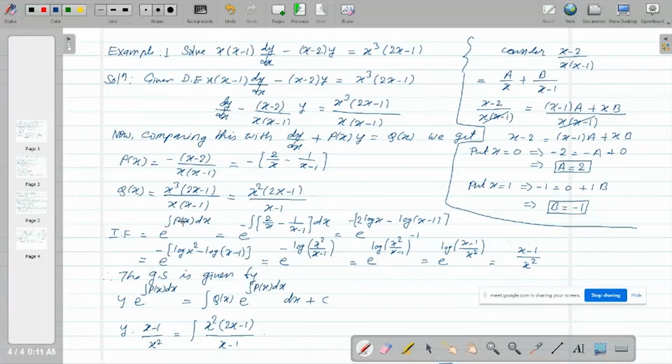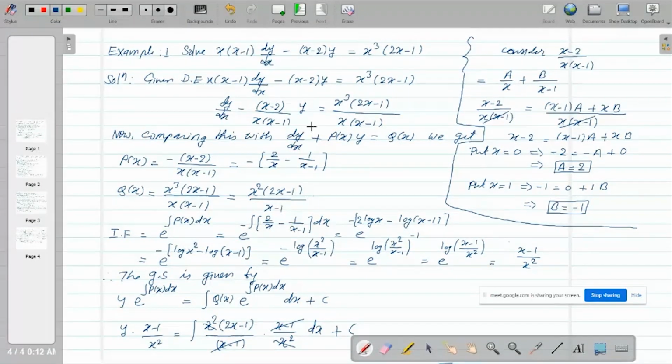We found what is that? This one, x minus 1 divided by x square and dx as it is, and plus c. Now simplify this. This x square cancels with this x square. Okay, and this factor cancels with this factor. Only remaining term is what? This one, 2x minus 1.